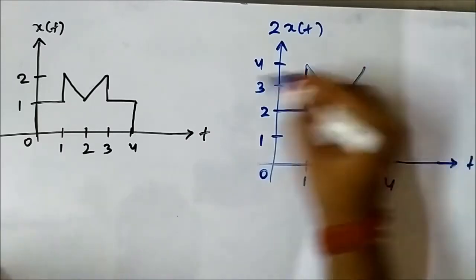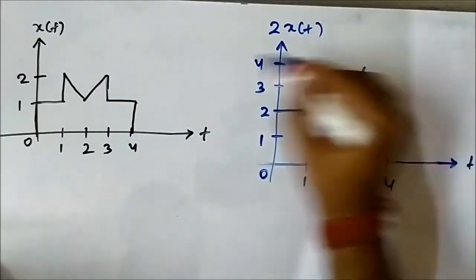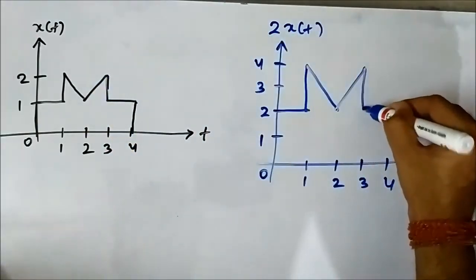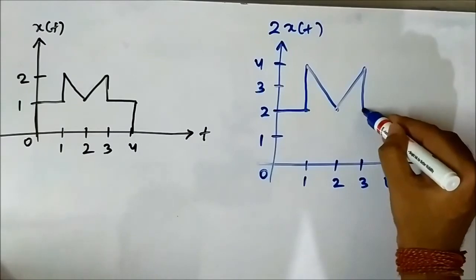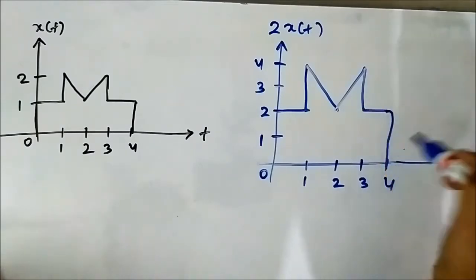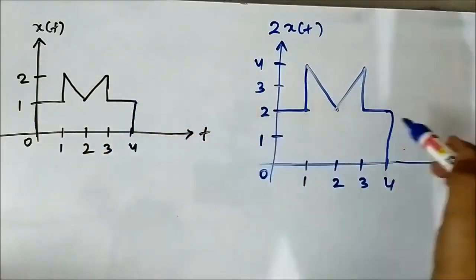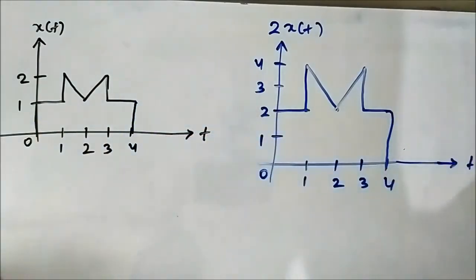And again it will drop down from 2 to 1 in the reference signal, here it will be from 4 to 2, and the same way it will decrease from 2 to 0. Here it is 1 to 0, here it will be from 2 to 0.